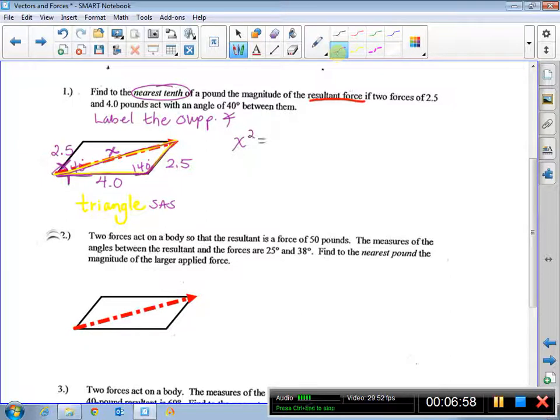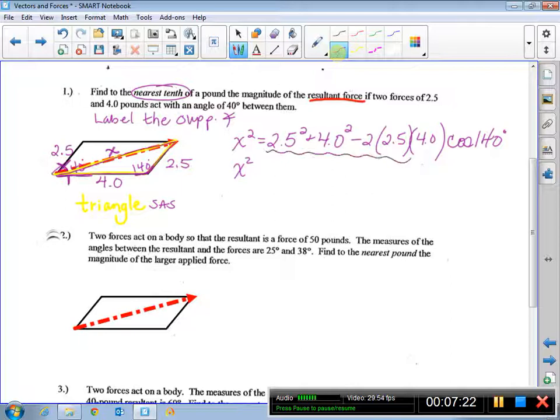x squared equals the other two sides squared minus 2 times 2.5 times 4.0 and cosine of 140 degrees. So remember the advice on the law of cosines. You could put this whole line of work in just like that, get the big value that it equals, and go from there.